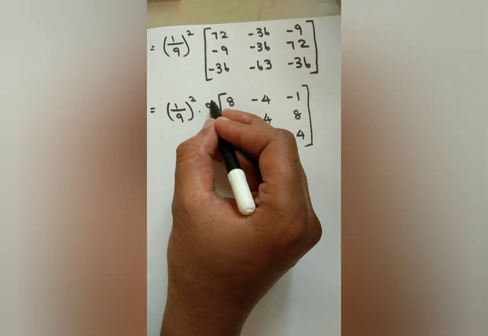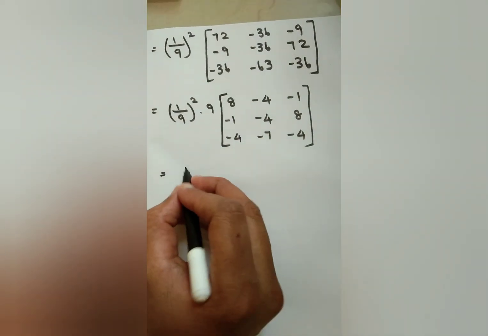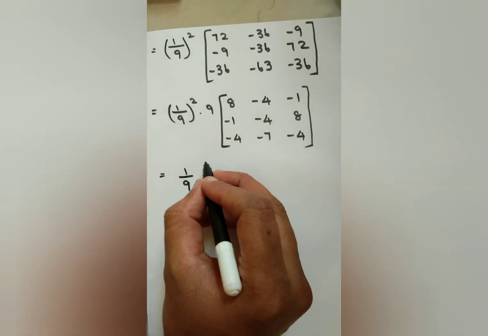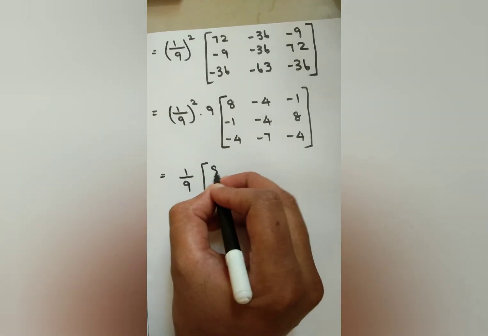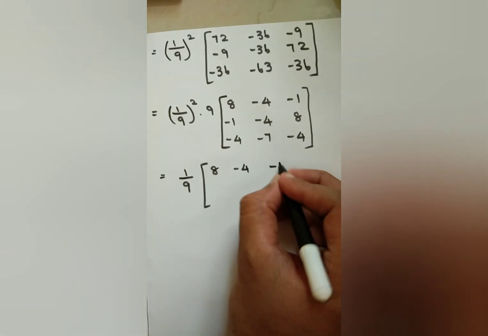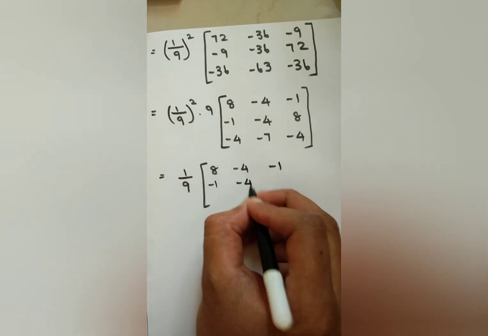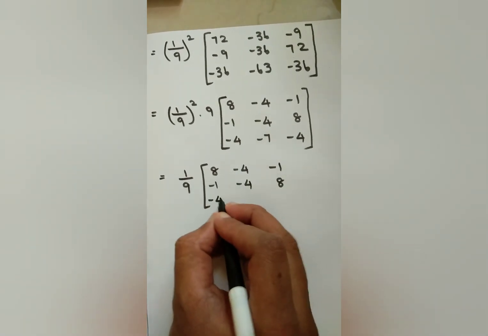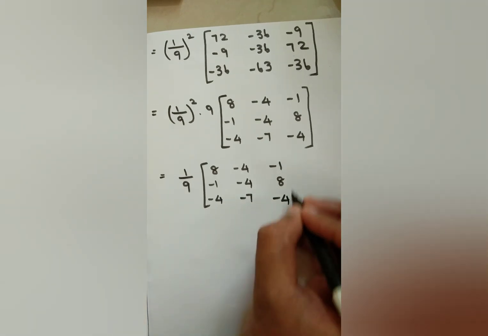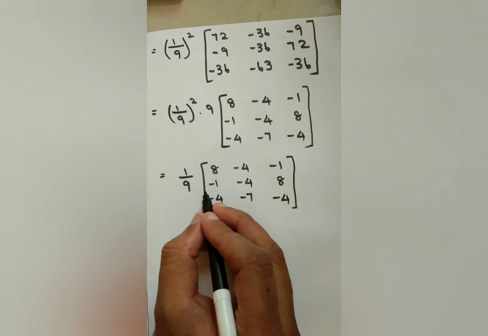Cancel this 9 and this 9, so I'll get only 1 by 9. This is my adjoint of A.